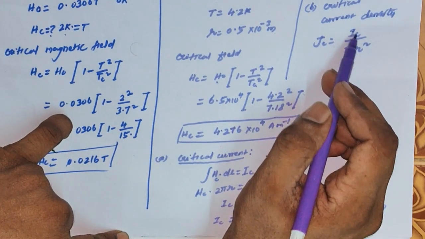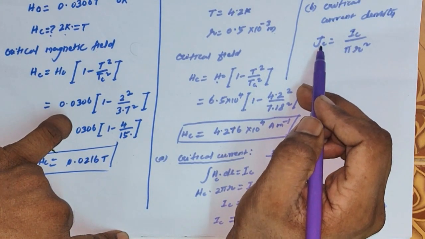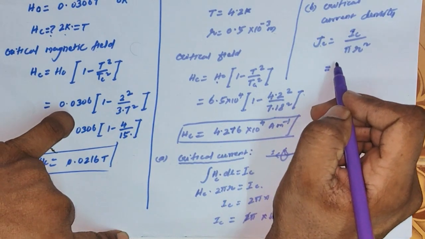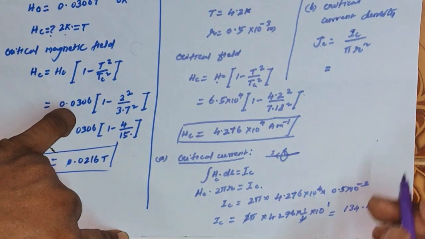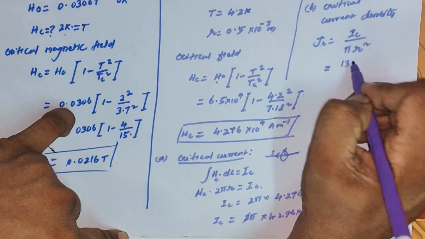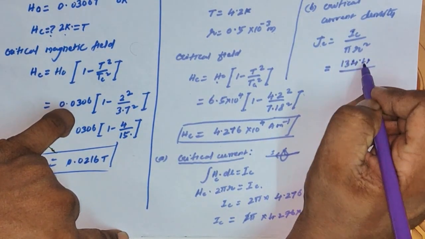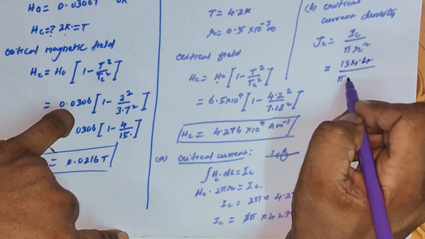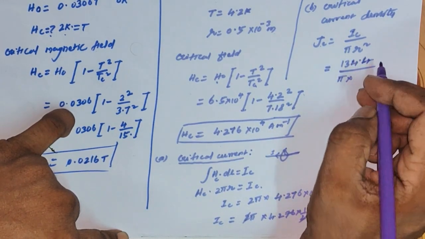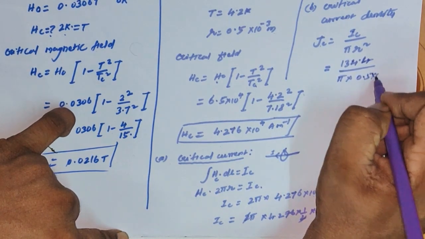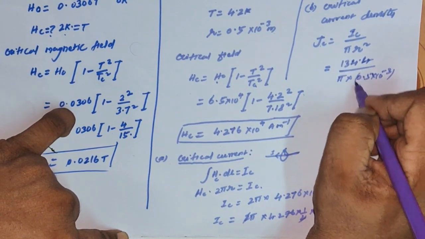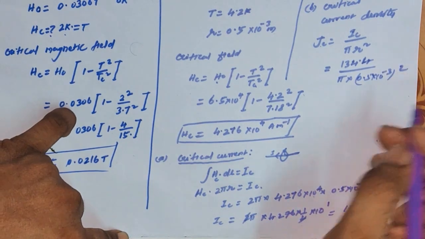Here, the critical current divided by the area of the lead wire is the critical current density inside the lead wire. We now have the critical current, 134.4, divided by pi, 3.14, times the radius 0.5 × 10^-3, squared.